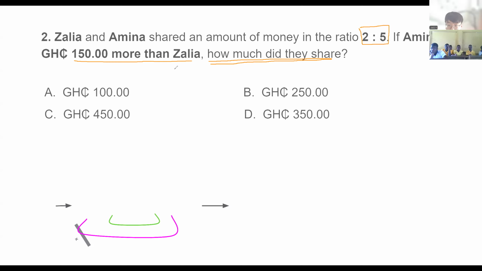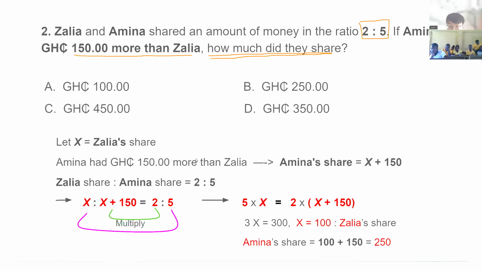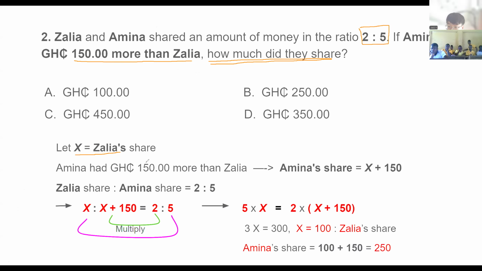We don't know how much Amina or Zalia had. So we can let X be equal to Zalia's share. X is Zalia's money.